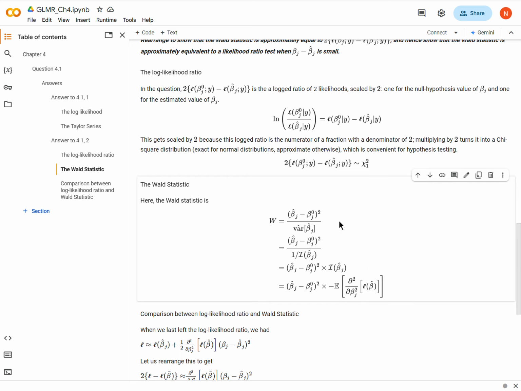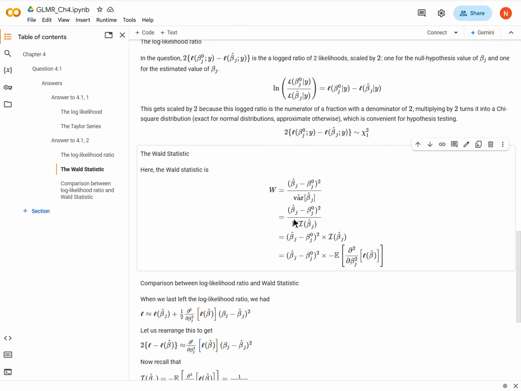All right, so that's one piece that we have on the table, and now we have the Wald statistic, and this is what the Wald statistic looks like. It's the squared difference of the estimate for beta minus another beta, the null hypothesis or whatever, divided by the variance of beta hat. The variance of our parameter, as we're told in the book, is 1 over the information of beta hat.